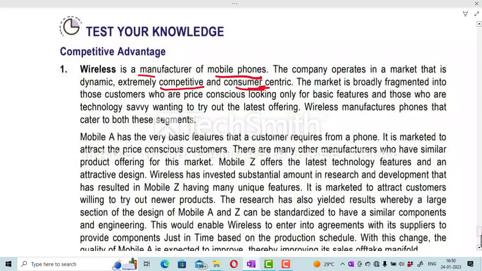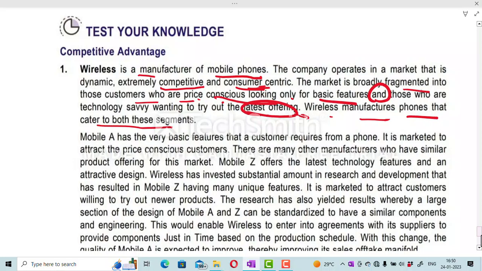The market is broadly fragmented into those consumers who are price conscious, looking only for basic features, and those who are technology savvy, wanting to try out the latest offering. They can pay high, and they can try the new products. Wireless manufactures phones that cater to both these segments.